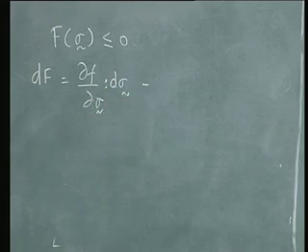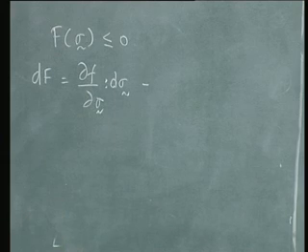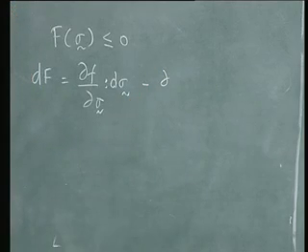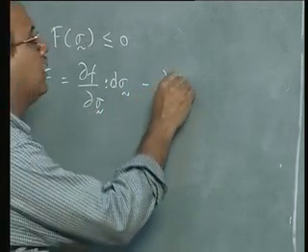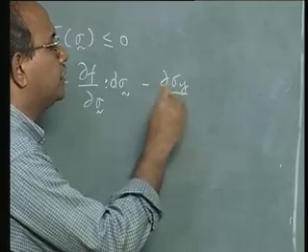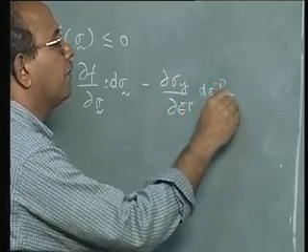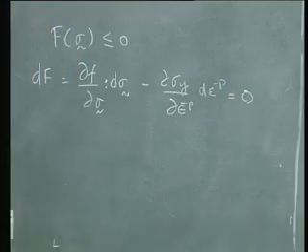This is what I mean by this double dot product. This is a contraction operation, you know that from the first course. And the second part is dou sigma y by dou epsilon bar p d epsilon bar p, that is equal to 0.